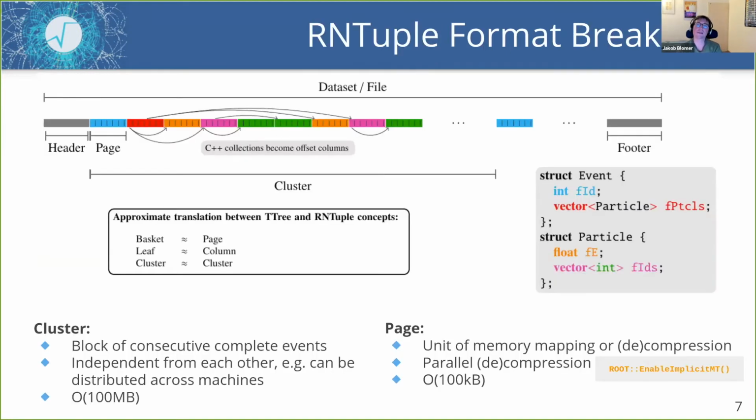So the file format breakdown shows how data is being laid out on storage. An RNTuple has a header with a schema definition, so which fields do I have, and a footer. The footer tells us where I can find certain pieces of data. For instance, if I look for the 1000th event, the field, then I would look in the footer to tell me in which page this is.